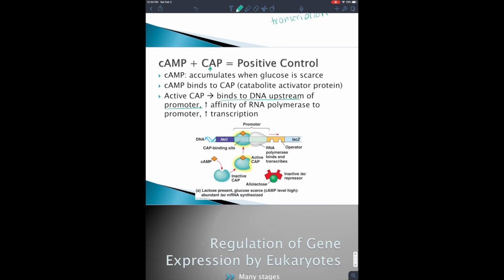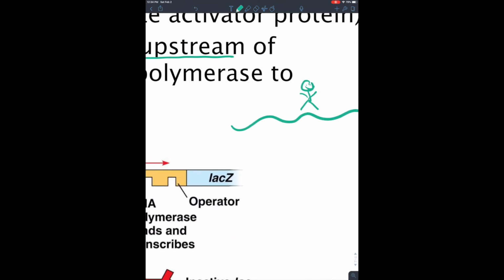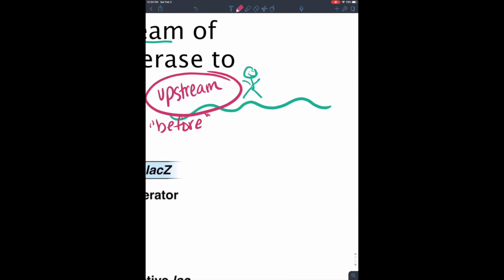So we talked about the difference between upstream and downstream. So here's a stream. Here's you. Smile. When I talk about upstream, here is upstream. It's before. When I talk about downstream, it's after you.